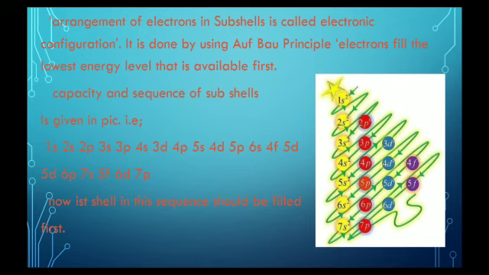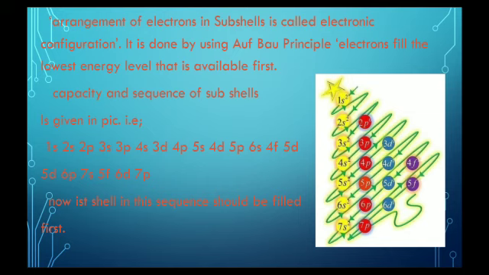If you write 3d before 4s, your electronic configuration will become wrong. You have to write the arrangement of subshells in the proper way first and then you will arrange the electrons. This is not yet the electronic configuration. This is just the arrangement of the shells and the subshells to solve the electronic configuration. Clear?